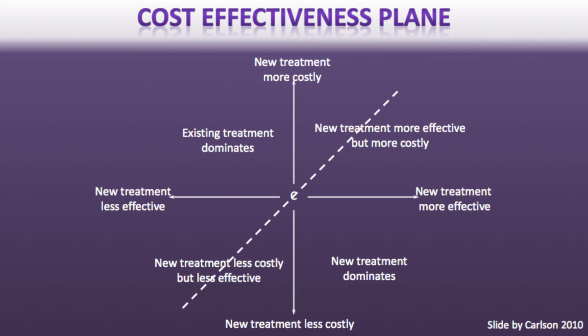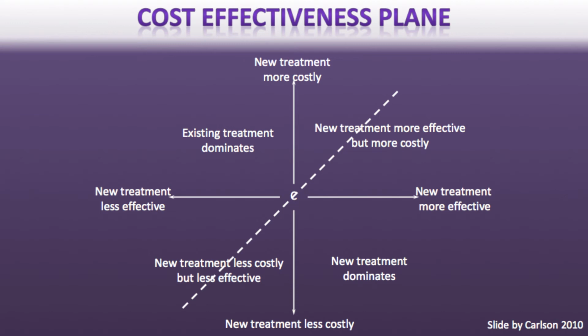One is that if the new treatment is both more costly and less effective, then the existing treatment is the one we'll want. We're not going to adopt a new technology if it costs more and doesn't work as well, right? The other possibility is that the new treatment is less costly and works better. Then it's kind of a no-brainer: why don't we just do that new treatment?